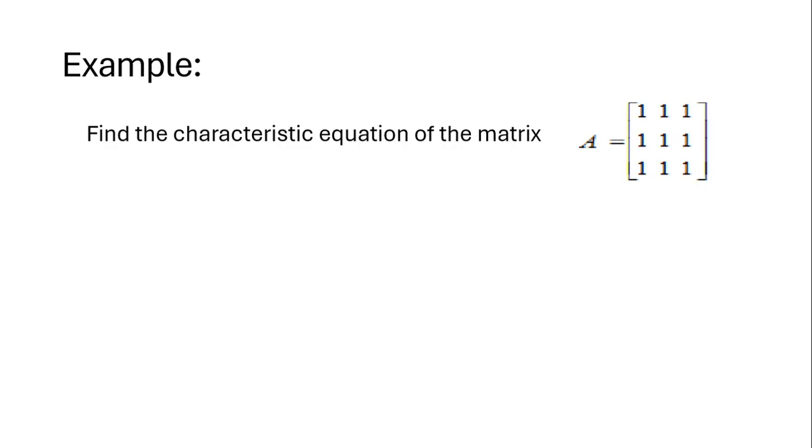Then its characteristic matrix can be obtained by A minus lambda I, where lambda is a scalar and I is the identity matrix of the same order as the matrix A. So, let me explain how to find the characteristic equation of the given problem.